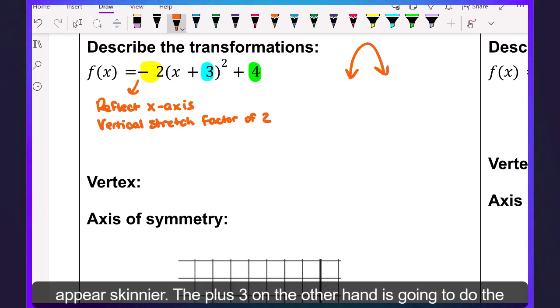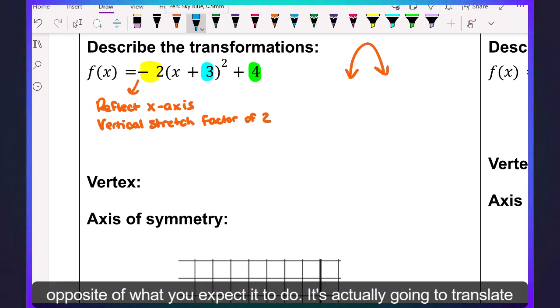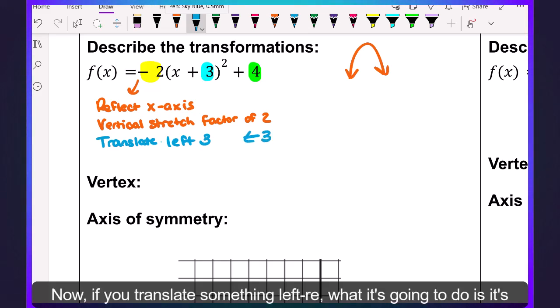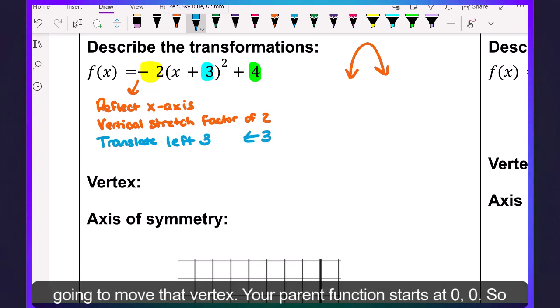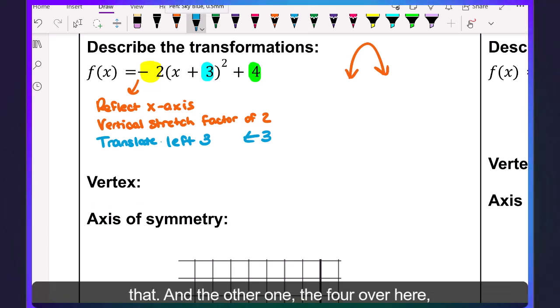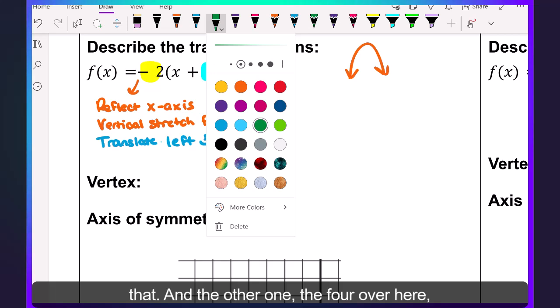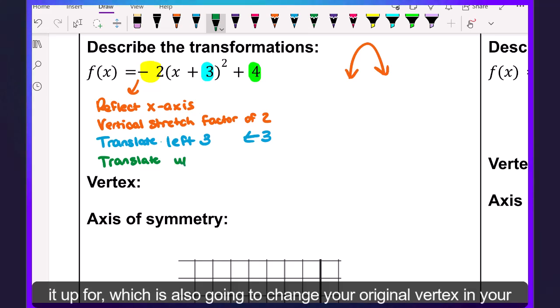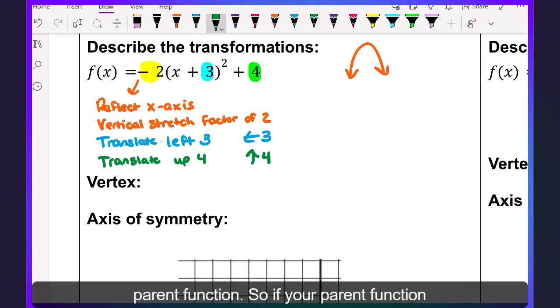The +3, on the other hand, is going to do the opposite of what you expect it to do. It's actually going to translate left 3. Now, if you translate something left 3, it's going to move that vertex. Your parent function starts at 0, 0. So your vertex is going to move left 3. So we got to pay attention to that. And the other one, the 4 over here, is going to translate it up 4, which is also going to change your original vertex in your parent function.